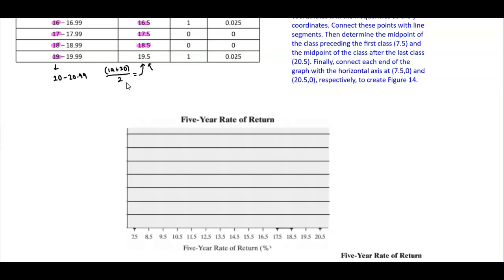If we went from, let's say, 21 to 21.99, adding 20 plus 21 and dividing by 2 would give us 20.5. So we're going to create our midpoints from 7.5 all the way to 20.5.